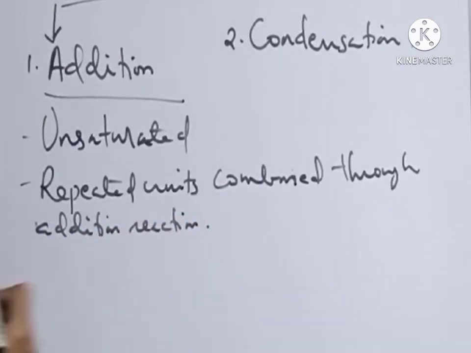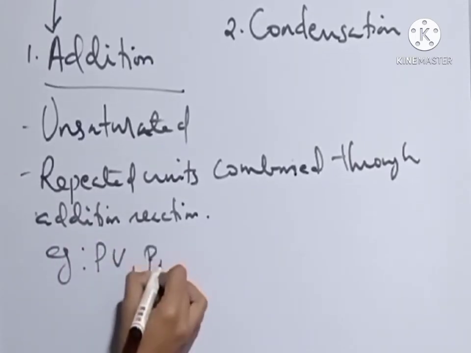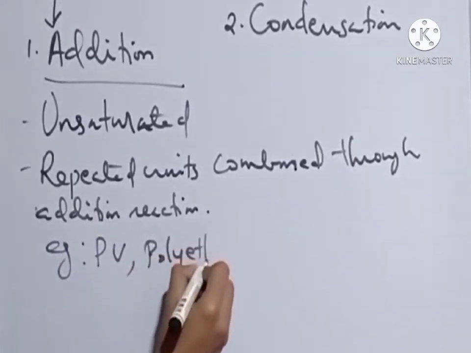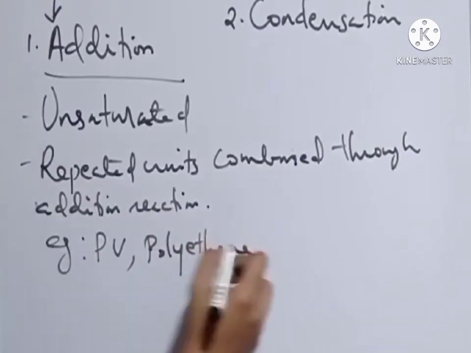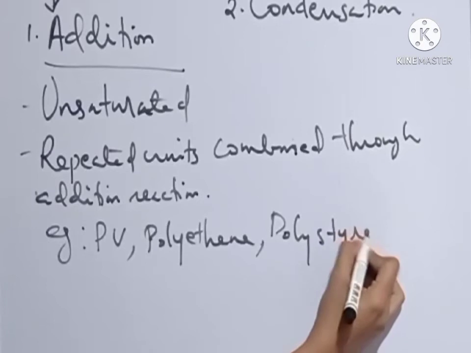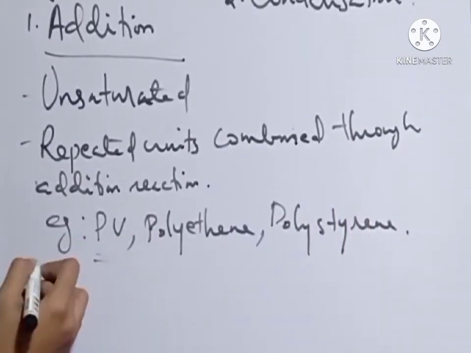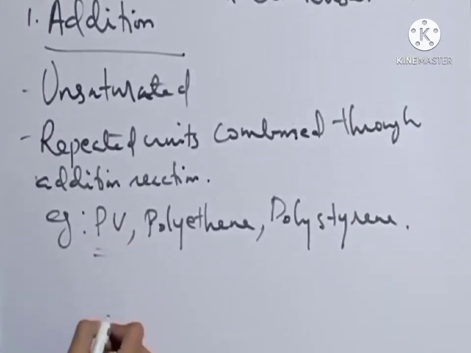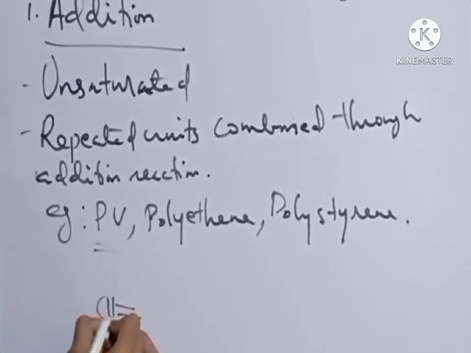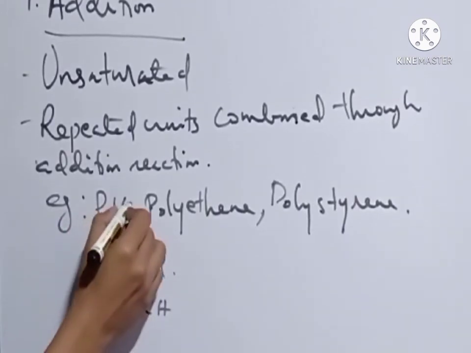For example, PVC, polythene, polystyrene, etc. If you talk about PVC, the monomer unit is CH2=CHCl. This is the monomer unit of PVC.